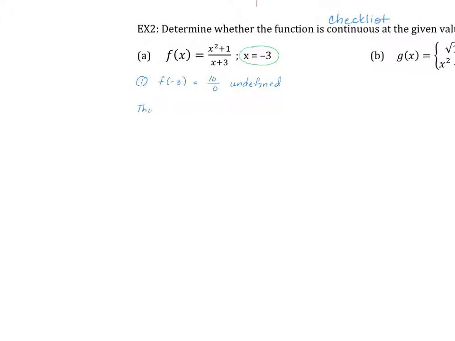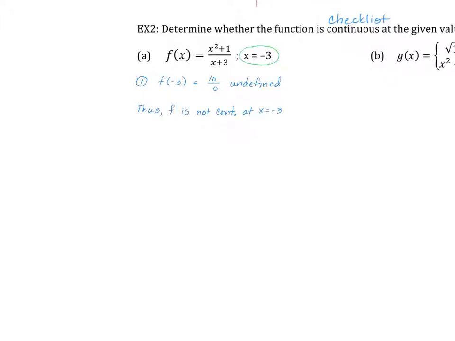So thus, f is not continuous. And instead of writing continuous over and over again, I'm going to just put continuous with a dot. It's not continuous at x equal to -3. Why?